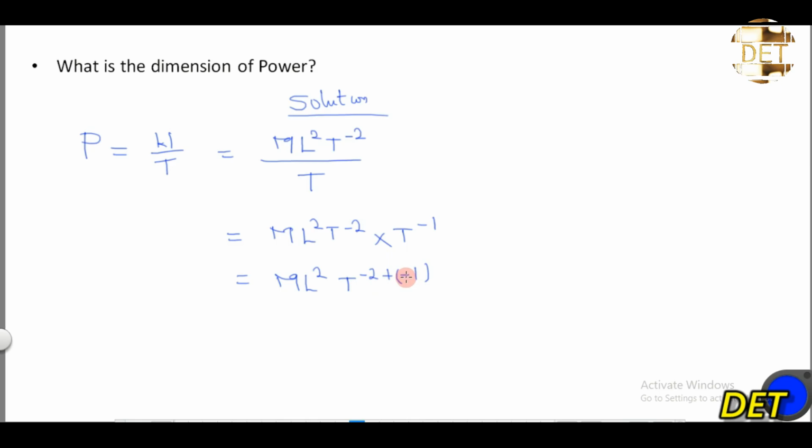So plus times minus will give you minus. So this will be ML squared t raised to the power of minus 2 minus 1, because plus times minus will give you minus. So this will be ML squared t raised to the power of minus 3. This is the dimension for power. It's very simple and straightforward.